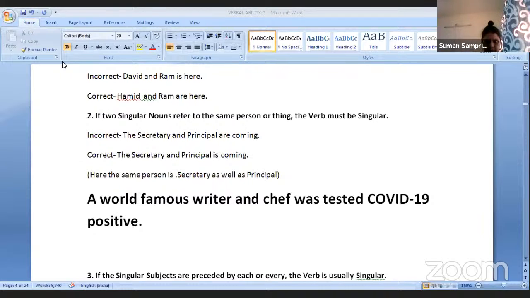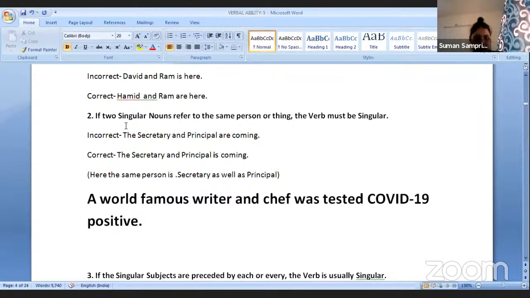रूल क्या कह रहा है कि two singular nouns refer to the same person and thing, the verb must be singular. Okay, how are we supposed to know that those two singular nouns are referring to the same person? तो यहाँ पे just consider this example.